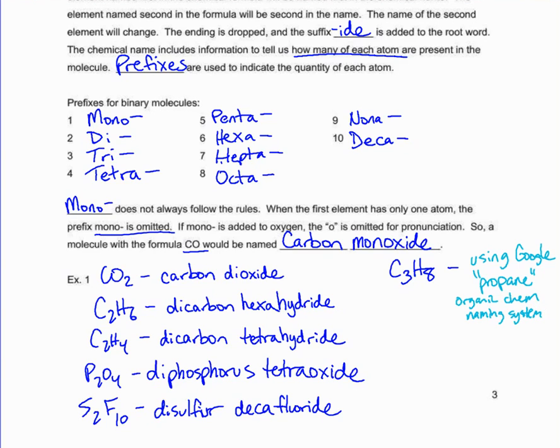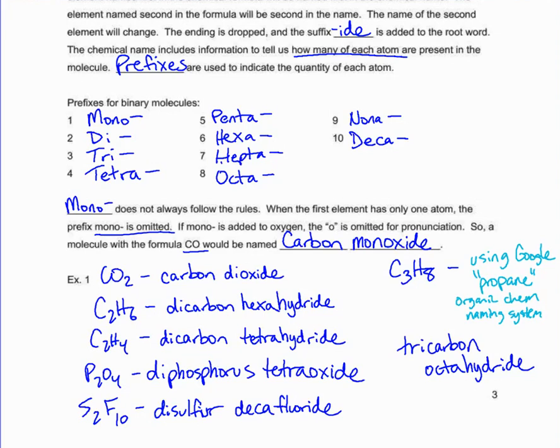But this is not the naming system that we use. So what we would call this, there are 3 carbons, so tricarbon. And there are 8 hydrogens. So we would call it tricarbon octahydride.